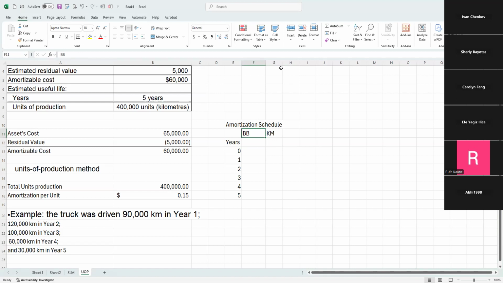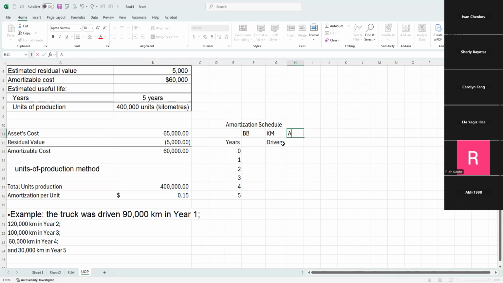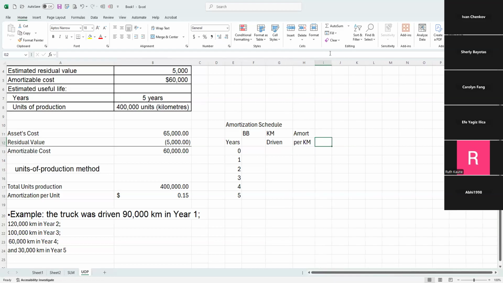Can we make kilometers driven, cost per kilometer or amortization per kilometer, total amortization or amortization for the period, which period is 1 year.